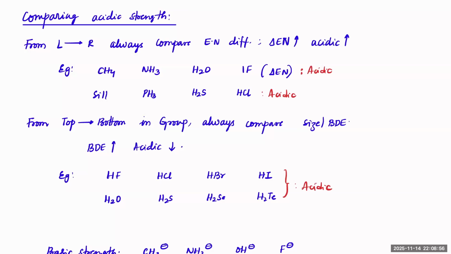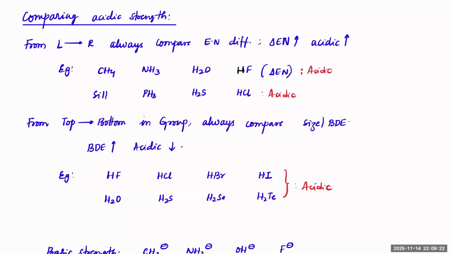Now, notice if you compare methane, ammonia, water, and HF, okay, then we have HF here. So, left to right, this is from group 14, 15, 16, 17. If you compare all the hydrides, these are called hydrides, HF is the strongest acid.